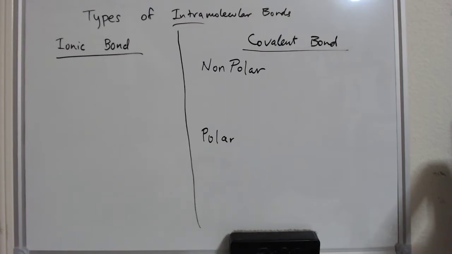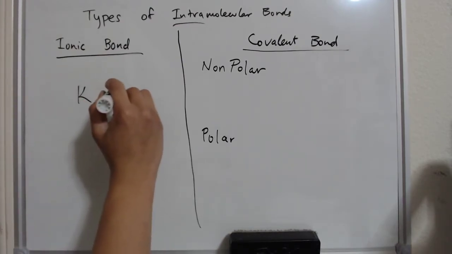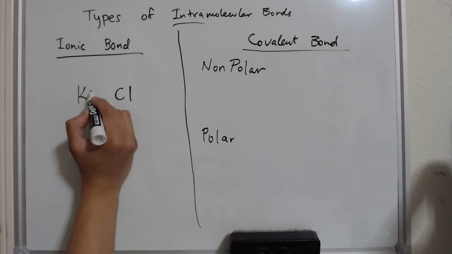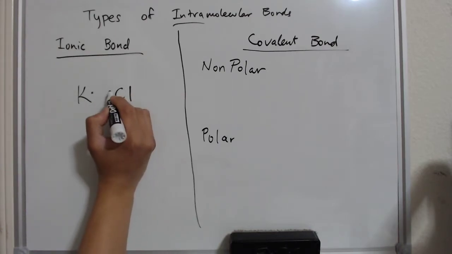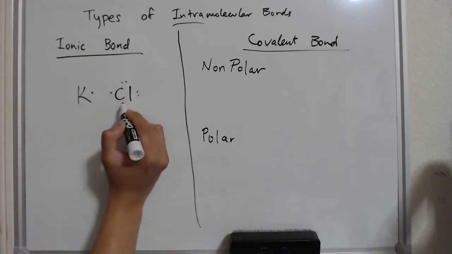So let's begin with ionic bonds. Now ionic bonds are bonds between ions, and ions are atoms with a charge. Let's use potassium chloride. Potassium has one valence electron, chlorine has 7.